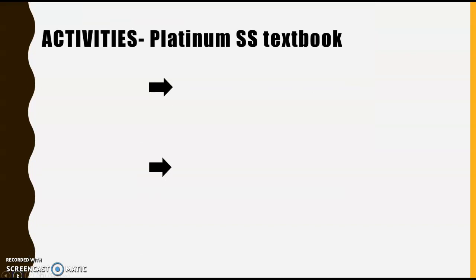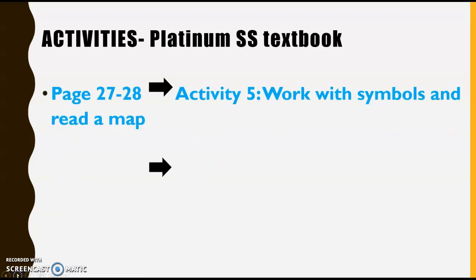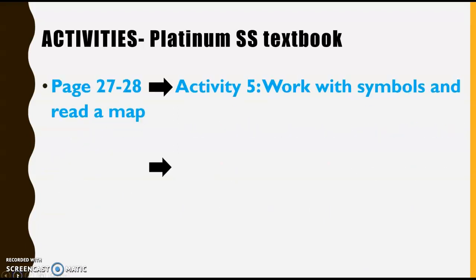Activities. You will be using your Platinum Social Sciences textbook, and your first activity would be on page 27. And there's more questions on page 28. Activity 5, the heading is Work with Symbols and Read a Map.